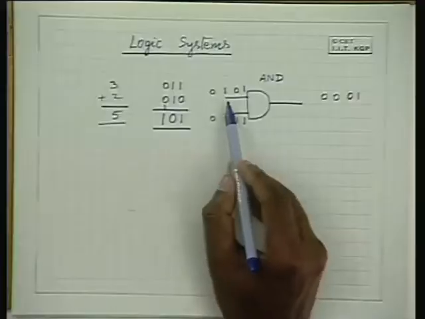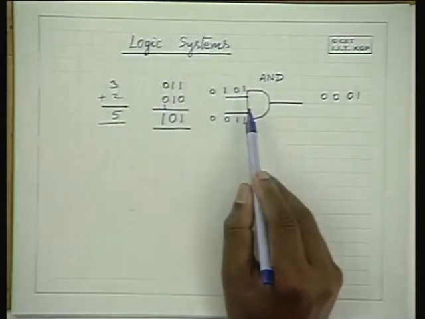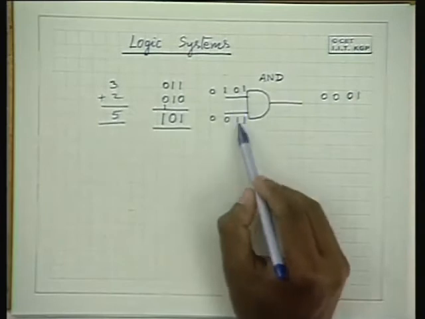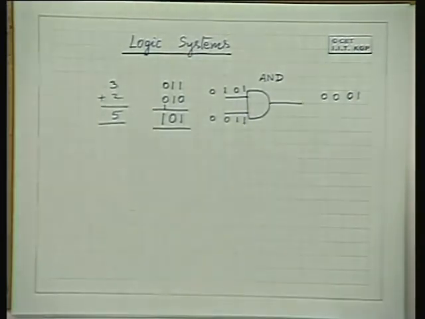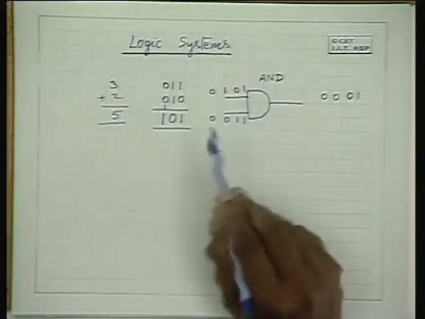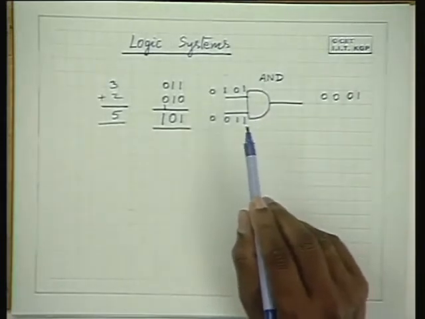So, that means when any one of the inputs is at around 0 volts, the output would be around 0 volts. If both of them are around 5 volts, the output would be 5 volts. So, you can make electronic circuits of this type using devices like transistors and resistances.